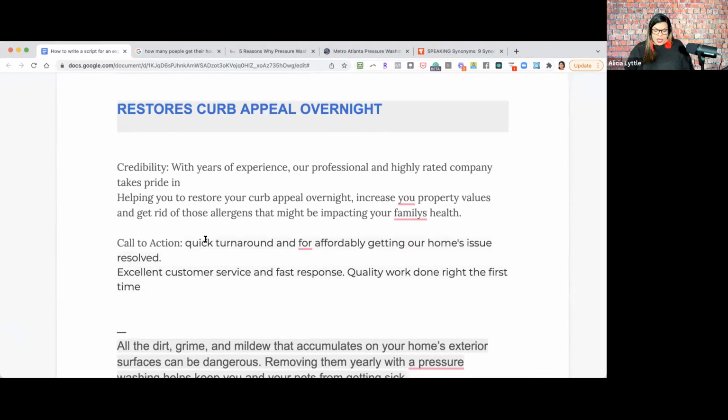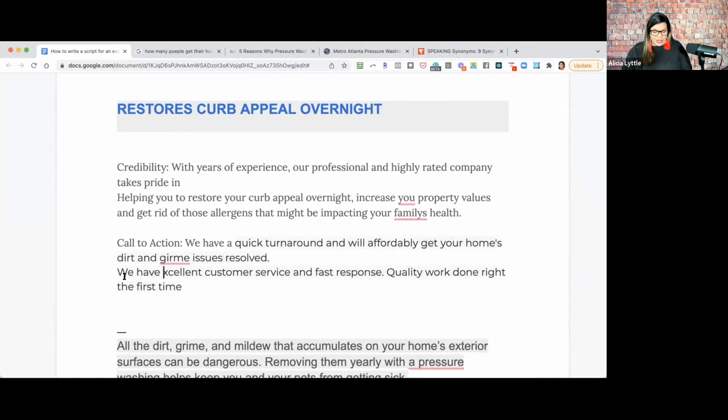All right. Call to action. We have a quick turnaround and will affordably get your home's dirt and grime issues resolved.